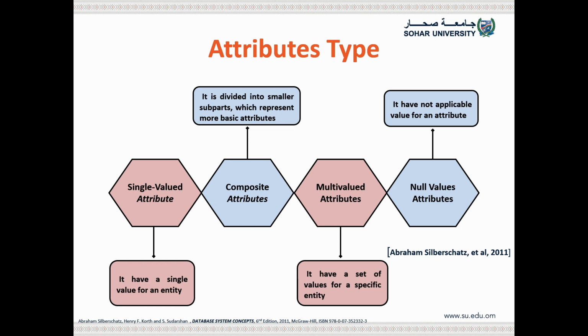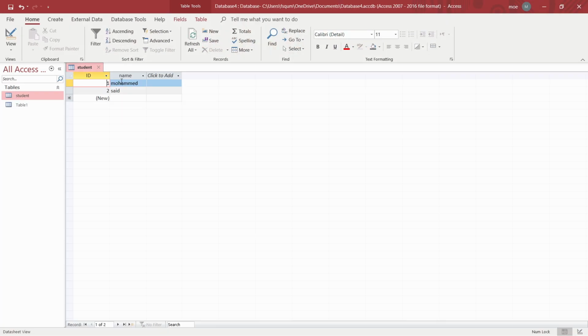It has many letters, but it is a single value because it's one piece of information. So it's like the ID right here. The ID can only include one ID. Each student has one ID. Each student has one name.